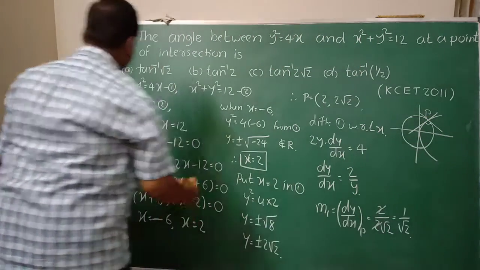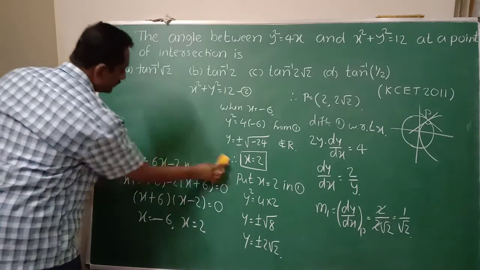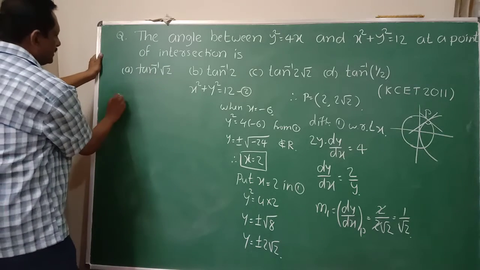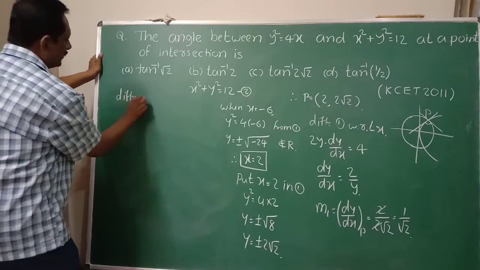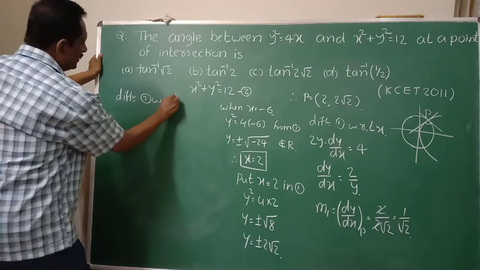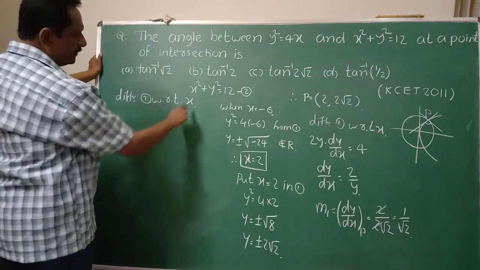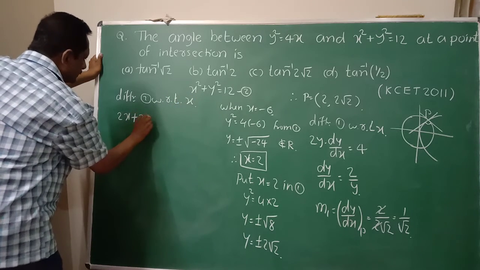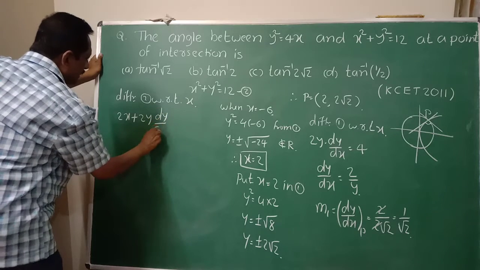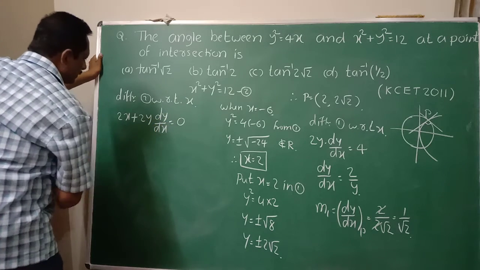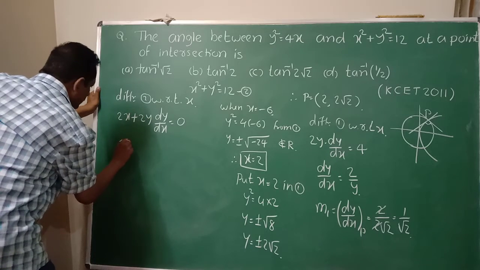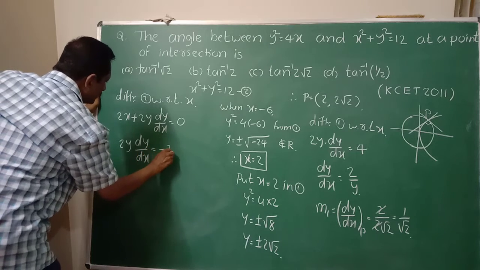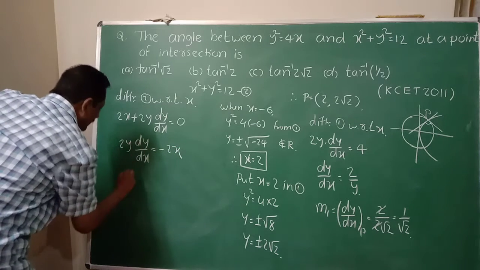Okay, need to find here the slope of the tangent to the circle here. Now differentiating 2 with respect to x here. x square differentiation is 2x plus y square differentiation is 2y into dy upon dx is equal to 0 here. Take 2x to the right hand side here. So 2y into dy upon dx is equal to minus of 2x here. Hence 2 and 2 cancel.